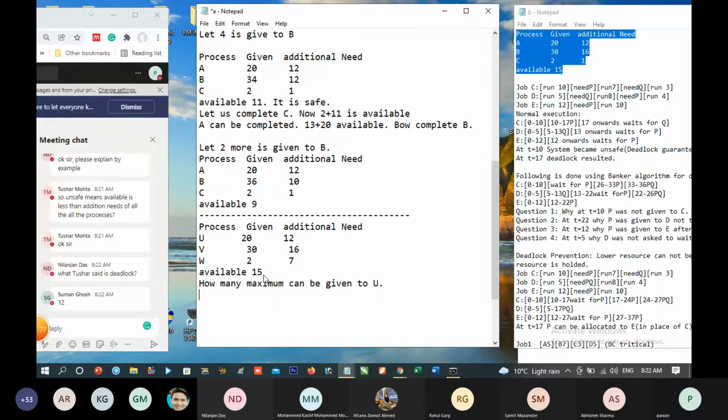Yes, yes, fully correct. No doubt about it. Full 12 can be given. Fully correct.